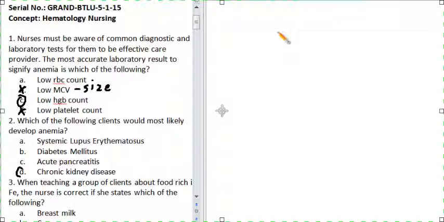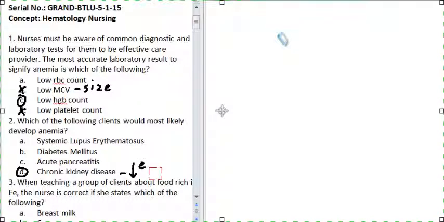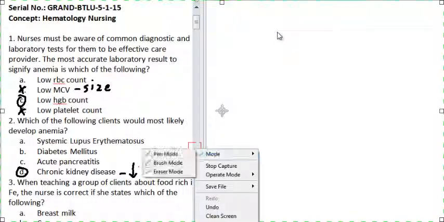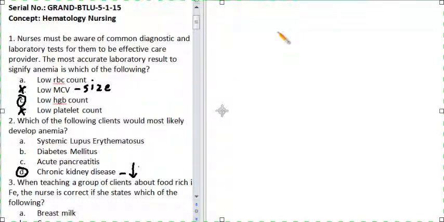Answer, letter D. Why? Because if you have chronic kidney disease, there's a chance that you may have a deficiency in erythropoietin.